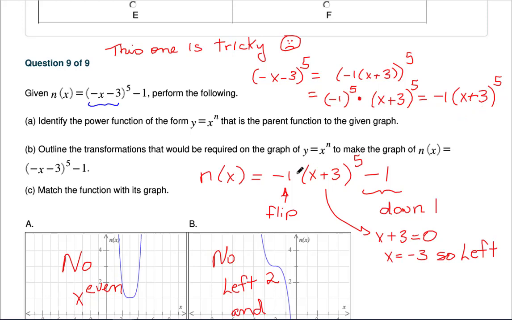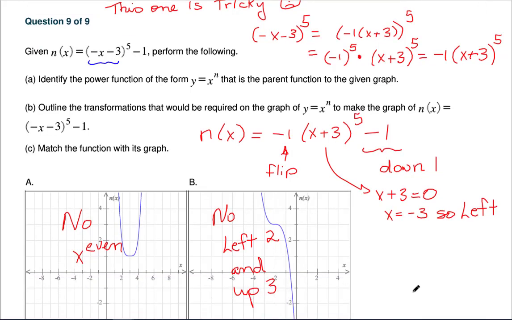So this thing really looks like minus 1 (x plus 3) to the 5th minus 1. Which means now we know what it looks like. It's flipped over. It looks like x to an odd power. We went down by 1, and the inside part says we went left by 3. So I'm looking for a flipped over x to an odd that's moved left and down.